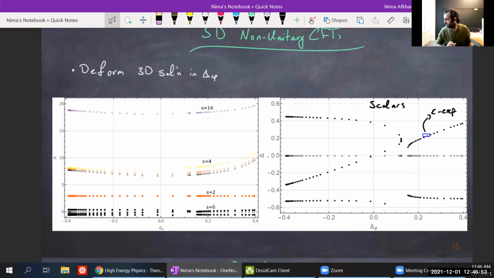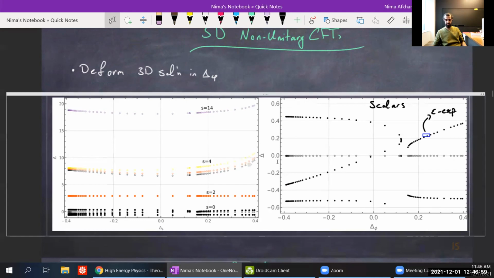The reason I'm plotting just the scalar root is because I can compare it with calculations people have done using other methods, for example the epsilon expansion. This little blue square is the prediction from the epsilon expansion. So at this point, all I can say is, look, there's a root that goes through what the predicted region is, so perhaps there's some evidence that this might be consistent.